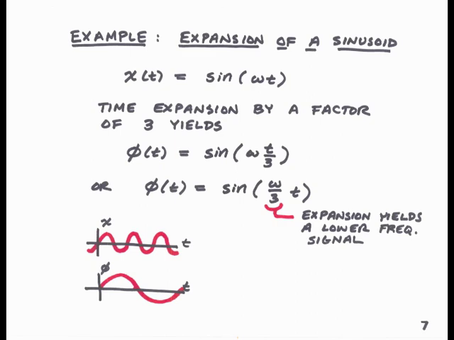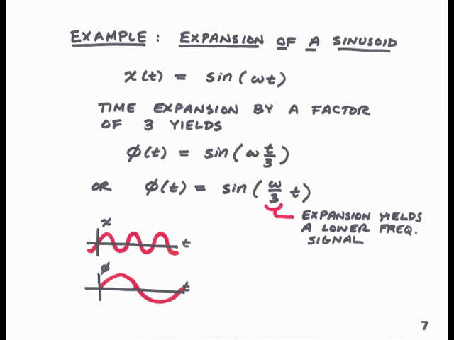Our new signal we'll call phi of t. So phi of t will be equal to sine omega t over 3. What we've done is we've taken the t and replaced it by t divided by 3, and we're dividing here because this is expansion of the signal, not the compression of it. Now, just doing a little algebra, we'll pull the division by 3 over onto the omega, and we'll note this is a new sine wave at a lower frequency.